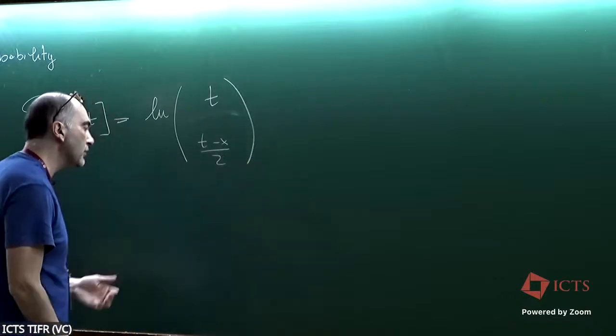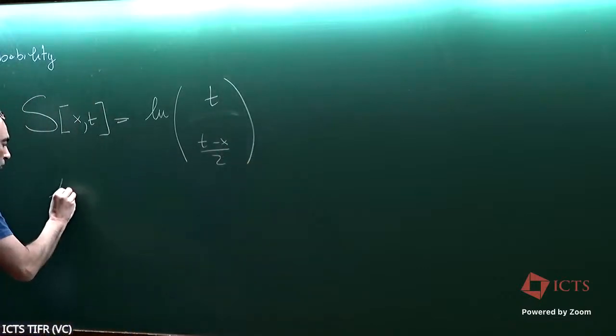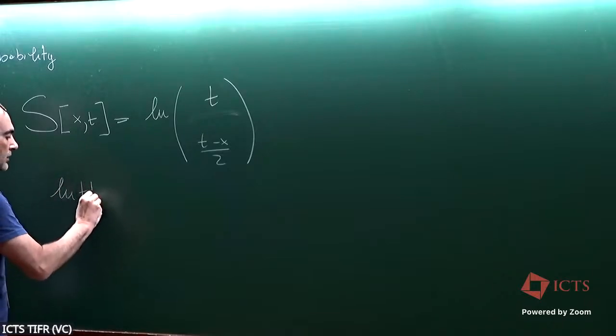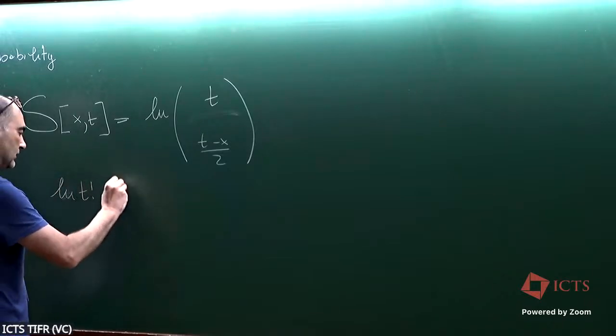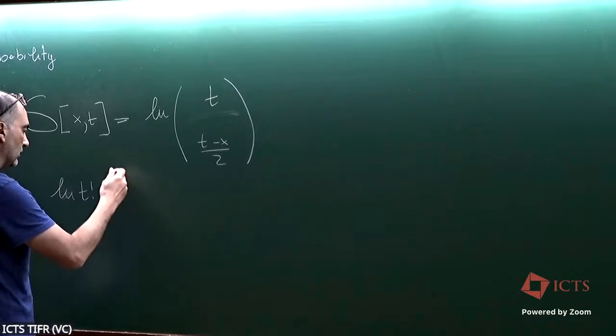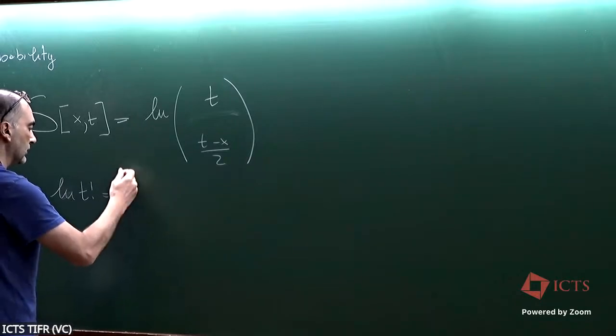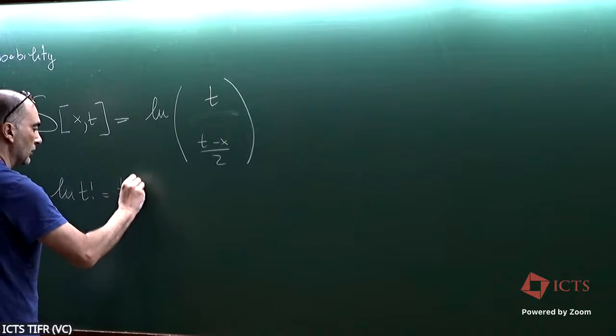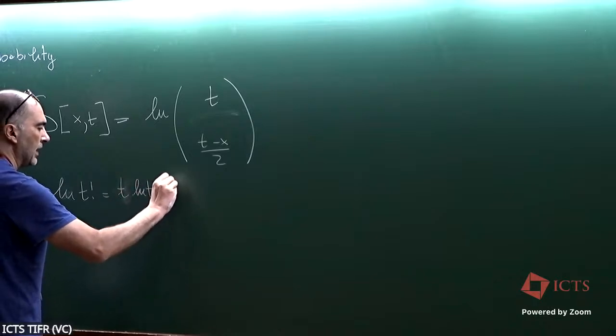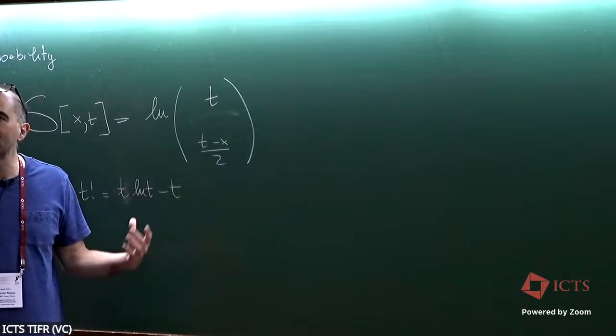I will not do the calculation, but you have a formula that tells you that the log of t factorial is t log t minus t, I think. No, this is the Stirling formula.